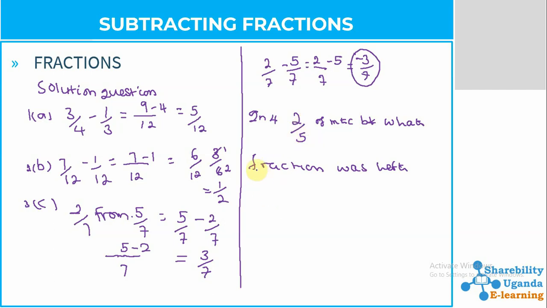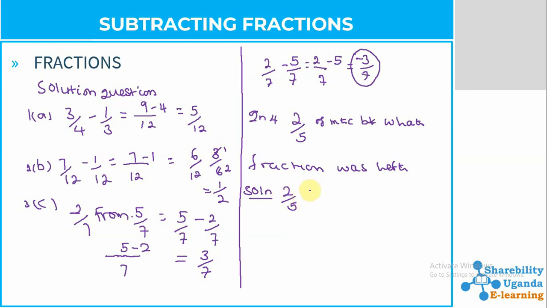So when they give you only one fraction, that simply means if you have 2 out of 5, there are some other values that you need.